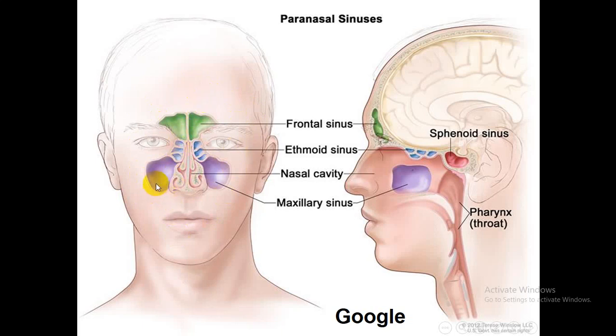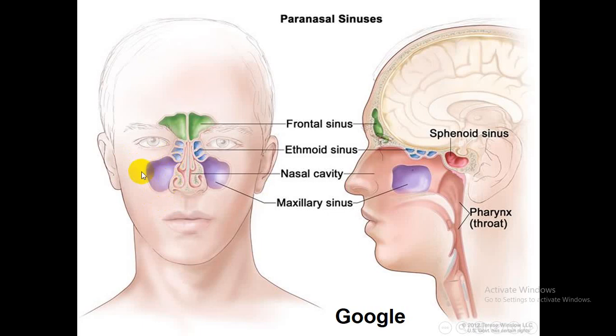I will start with the first, the maxillary sinus. It is pyramid in shape, with the base directed towards the lateral wall of the nose and the apex in the zygomatic process of the maxilla. The roof is formed by the floor of what? Of the orbit, while the floor is formed by the alveolar process.